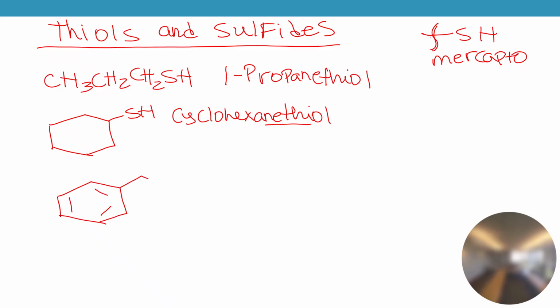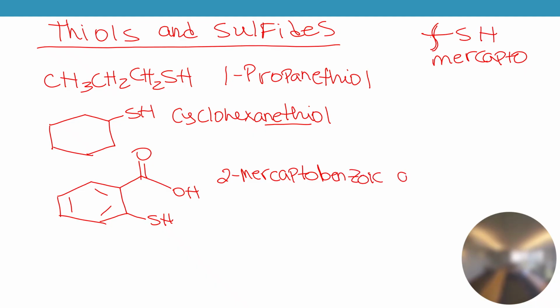If this was a substituent, then we would name it as a mercapto. We have not officially learned to name benzoic acids, but this is benzoic acid with a mercapto. So this is mercapto benzoic acid with a space between the two words.